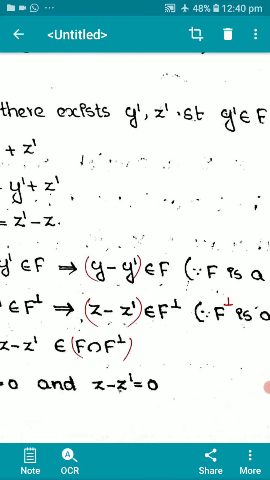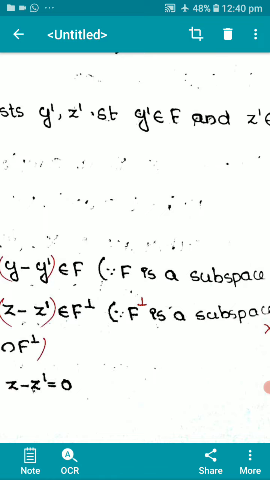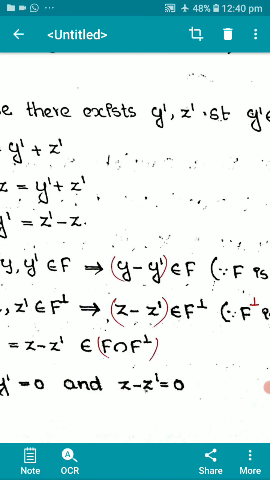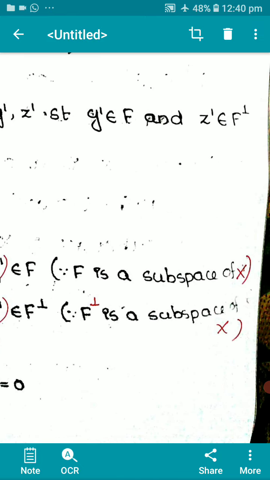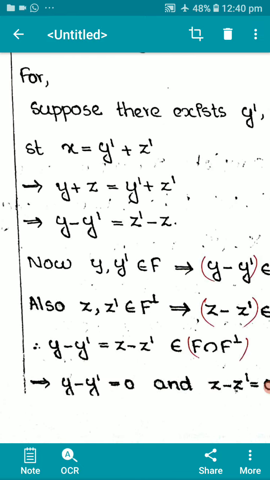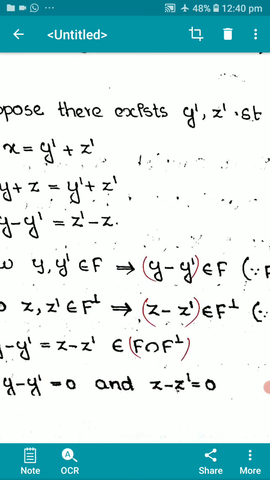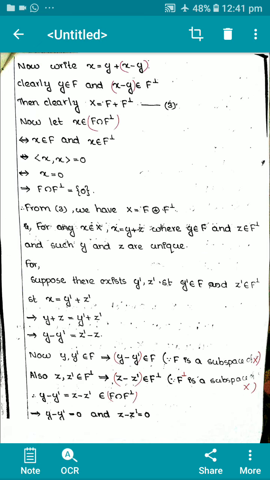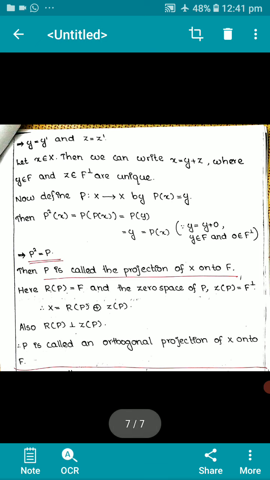You see y minus y dash is in F, because F is a subspace of X, and z minus z dash is in F perp, because F perp is a subspace of X. So y minus y dash is equal to z minus z dash, an element of F intersection F perp. You are getting y minus y dash equal to 0, because F intersection F perp is nothing but {0}. So y minus y dash equal to 0 and z minus z dash equal to 0, or y equals y dash and z equals z dash.